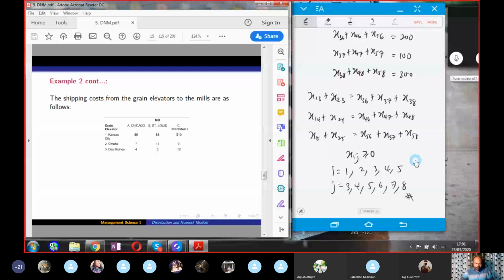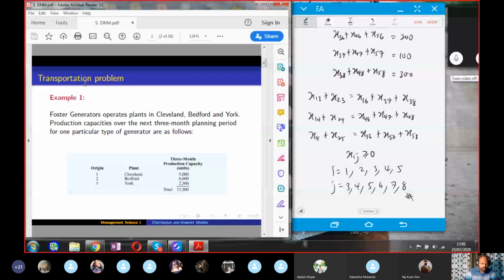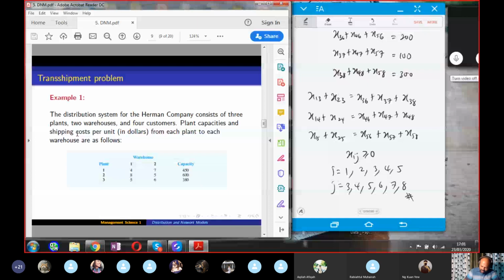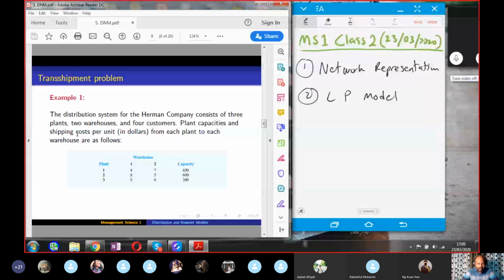So with this, I complete the transportation and transshipment problem, and I taught you how to find the network representation and LP model.